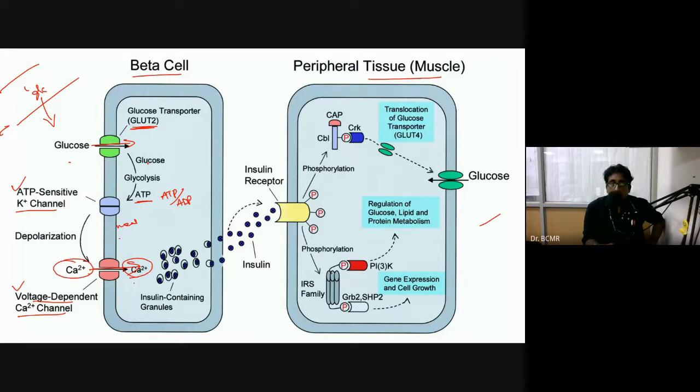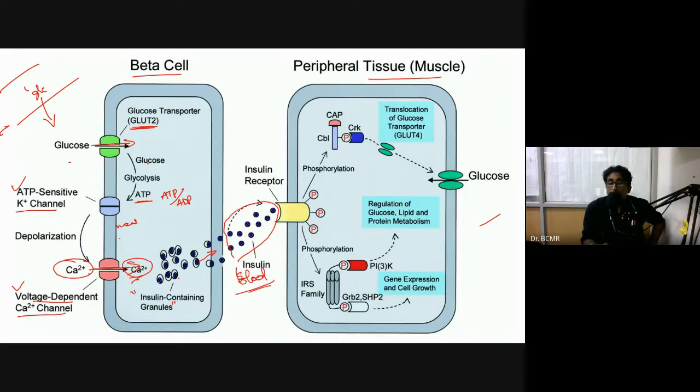There is an increase in calcium ion concentration within the beta cell, and this increase will allow the fusion of these insulin-containing vesicles or granules with the cell membrane, thereby releasing the insulin into the blood.